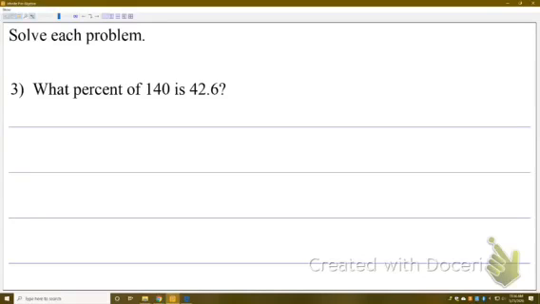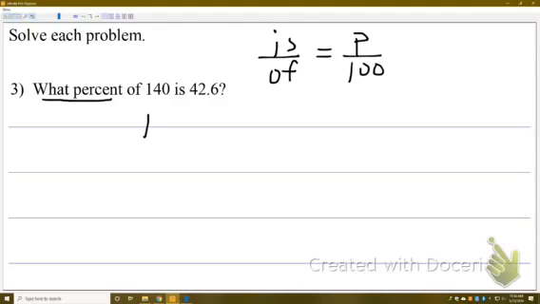So, we have what percent of 140 is 42.6. This is one where we do is over of equals percent over 100. So you are looking for those key things. What percent? We don't have the percent. We do not know it. Well, the P is always the percent, so we do not know the P. Of 140 is 42.6.